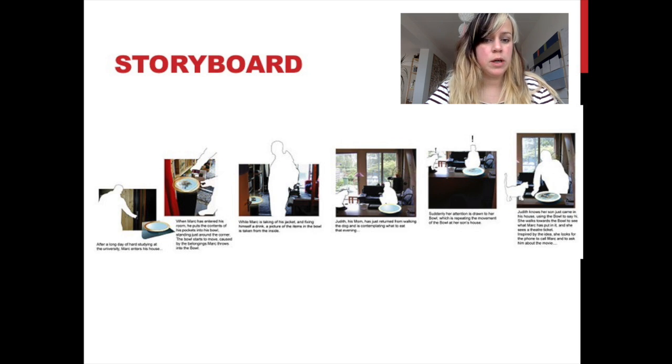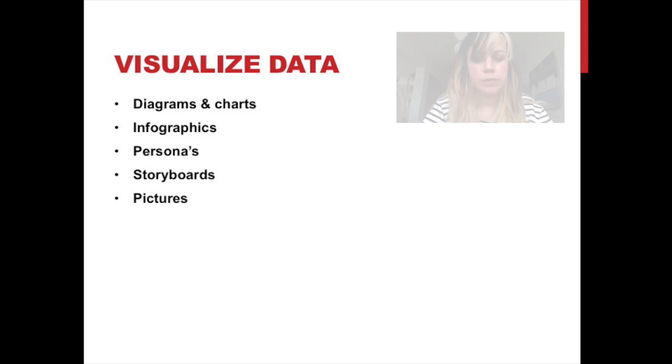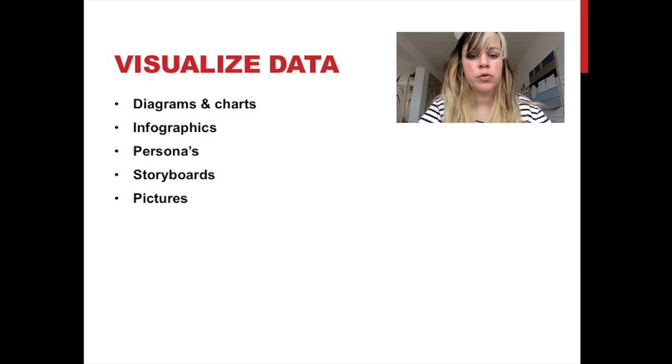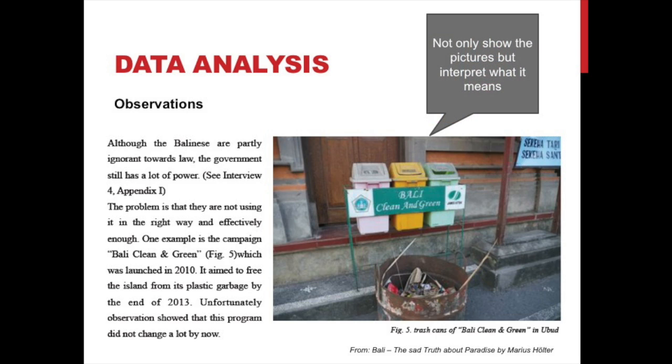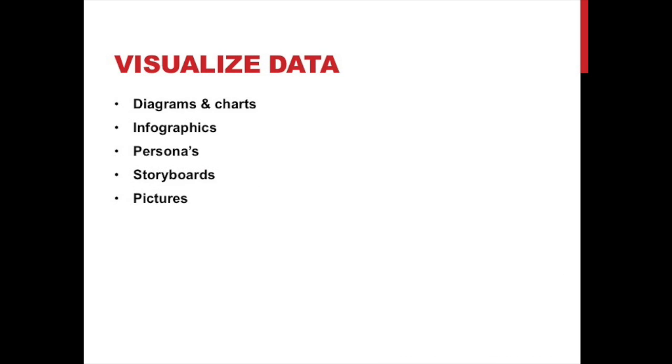So you can use it in multiple ways. And then you can also use pictures from observations to show information or visualize data, like I showed you in an example before. So to summarize, you can visualize data by diagrams and charts, infographics, personas, storyboards and pictures.